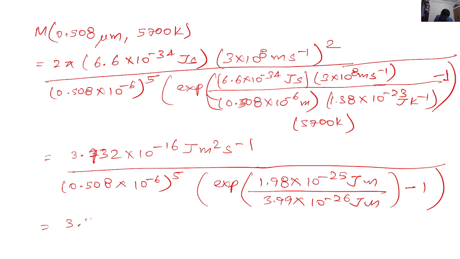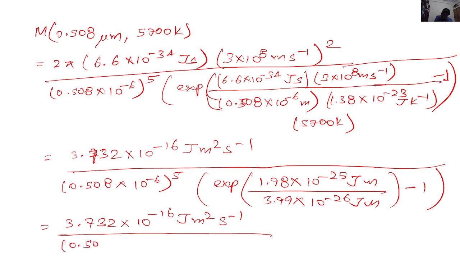It would come out to be 3.732 into 10 power minus 16 joules meter square per second by 0.508 into 10 power minus 6 power 5. This would be meter power 5 times this entity comes out to be 140.89.